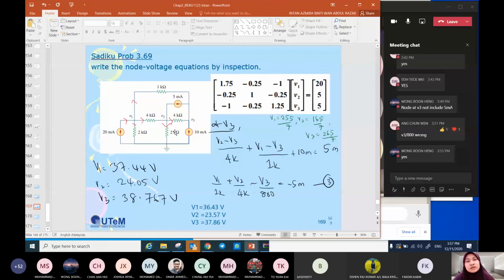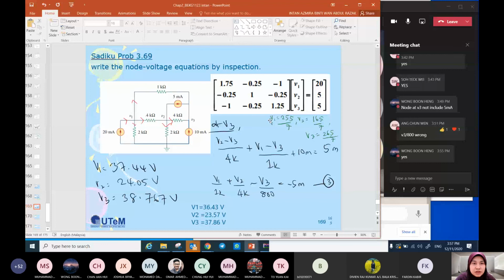Yes, this is a super mesh. We did not cover super mesh in our syllabus, so you can solve by using mesh analysis, but we did not cover super mesh in our syllabus.